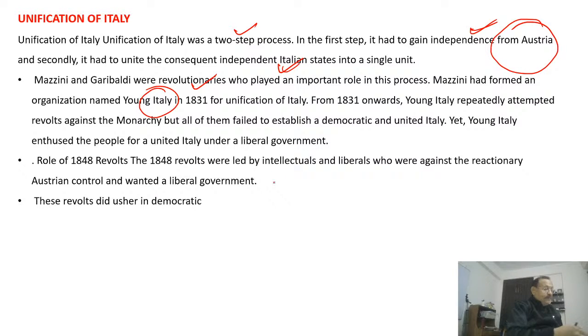The name of the setup was Young Italy. This thing you should keep in your mind. It was formed by Mazzini, and this was called Young Italy. So this is a significant thing you should keep in your mind.